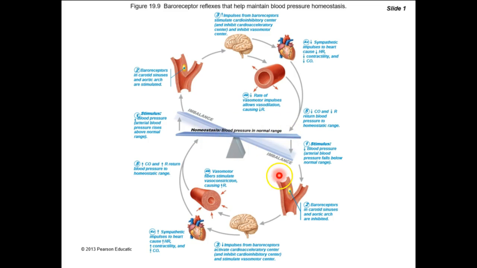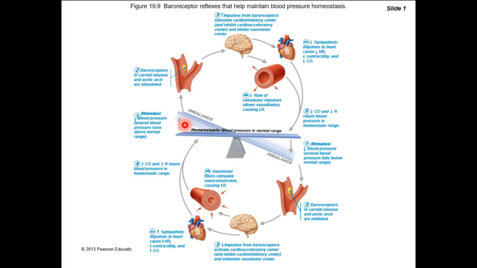And the opposite would also be true. If we detect low blood pressure, the hypothalamus receives that information, sends out sympathetic signals to vasoconstrict, and that's going to compensate for low blood pressure. Cool? Does it make sense?